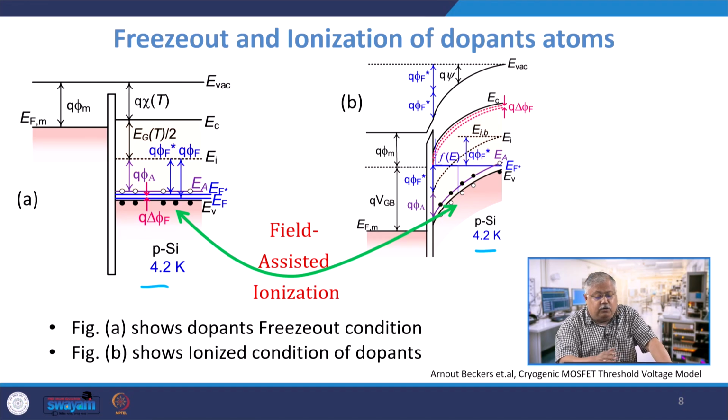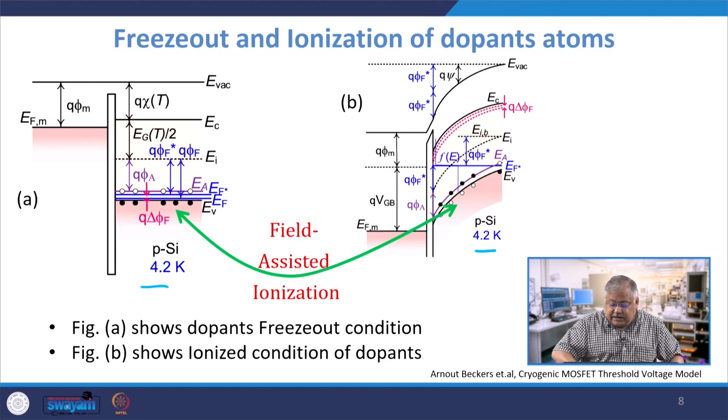But on the right hand side, where it is field assisted, this shows the ionization condition of the dopant, whereas the left is the freeze out condition without electric field based ionization. The right hand side gives you a comparison between the two, and as you can see here, the effective Fermi level EF star is actually much larger as compared to this.